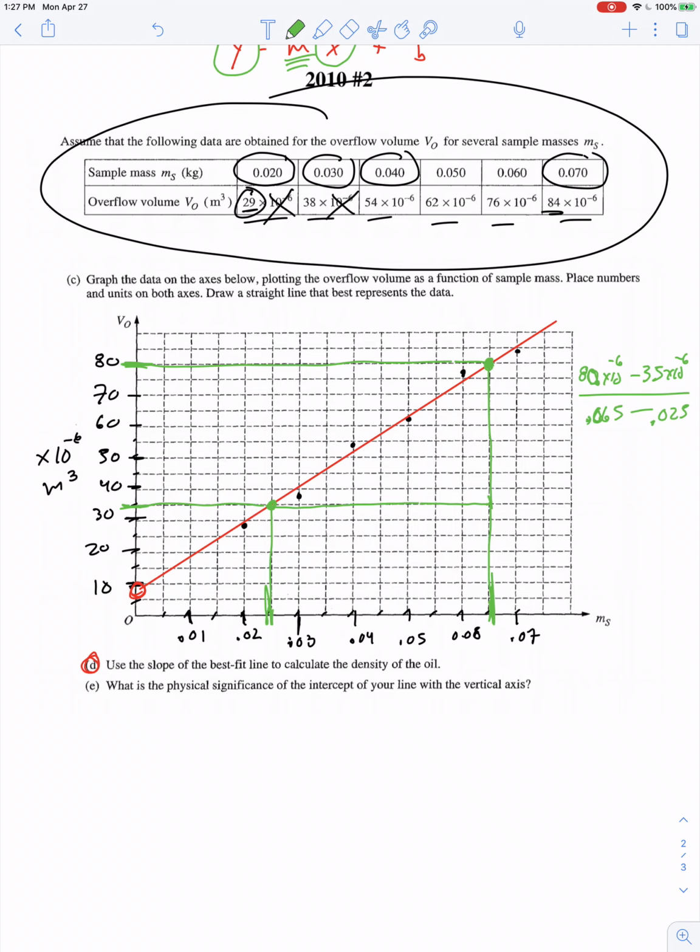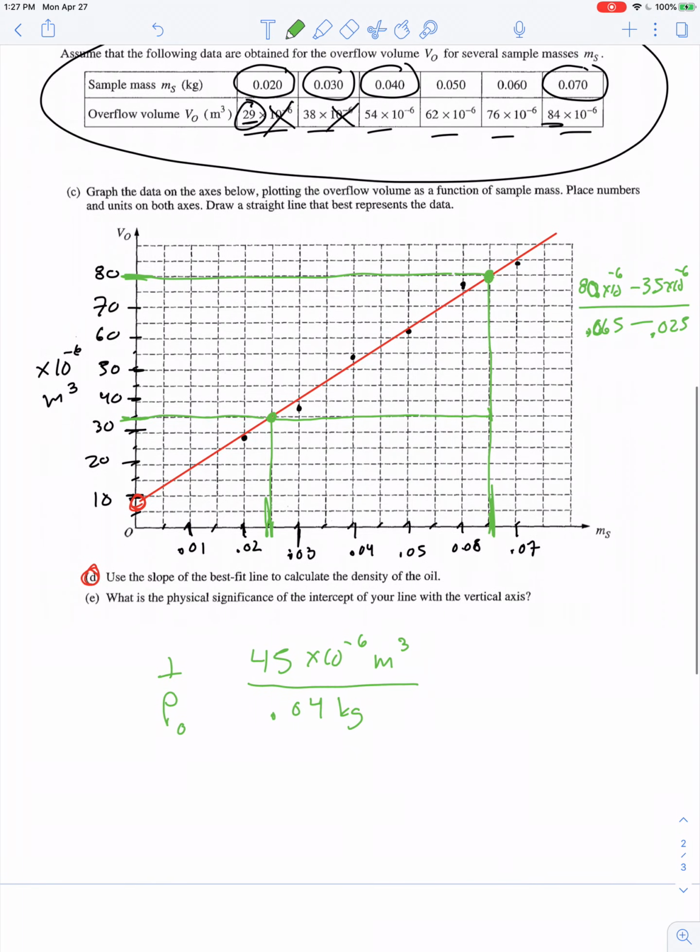So we get 45 times 10 to the negative 6 cubic meters divided by 0.04 kilograms, and that's equal to the inverse of the oil density.